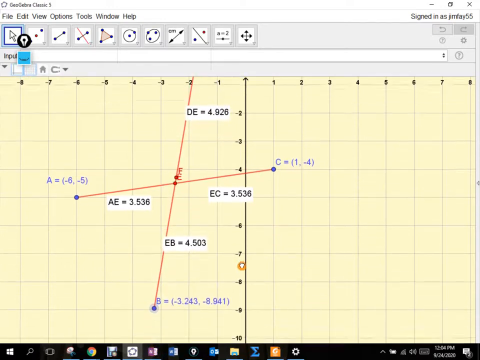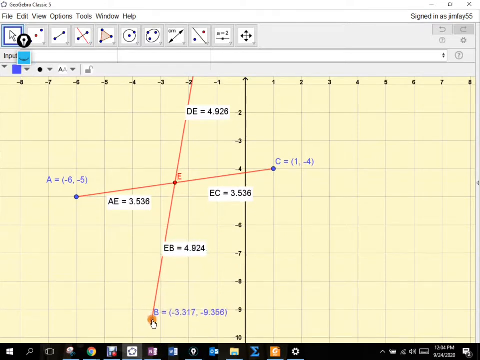If they share the same midpoint, that would be the same as that, that would be the same as that. Does that kind of make sense, everybody? So all four parts don't have to be the same if they share a midpoint. This is a parallelogram. Is that okay? You guys have any specific questions or anything? All right.